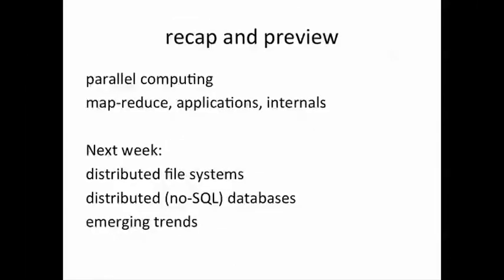So let's see what we've learned this week. We began with a review of parallel computing ideas, the concept of speed up, parallel efficiency, and a scalable algorithm. We then went into the MapReduce programming paradigm as a higher level abstraction as compared to hand-coded parallel programming using shared memory and message passing.